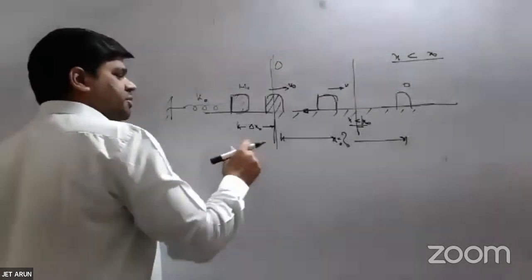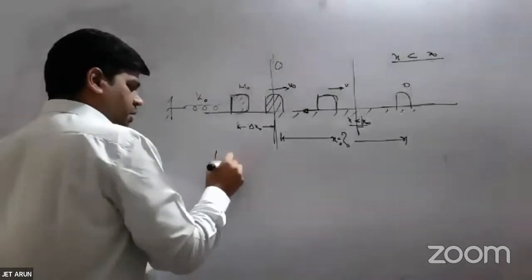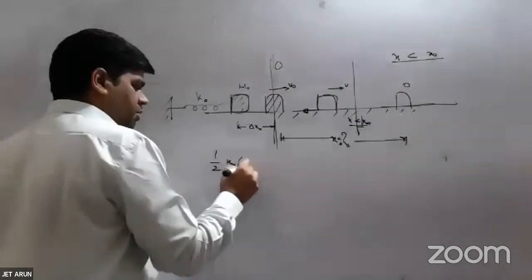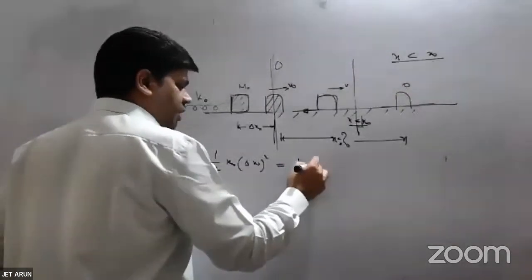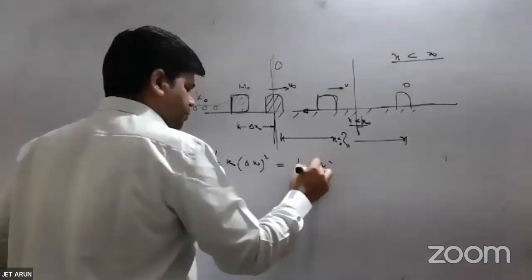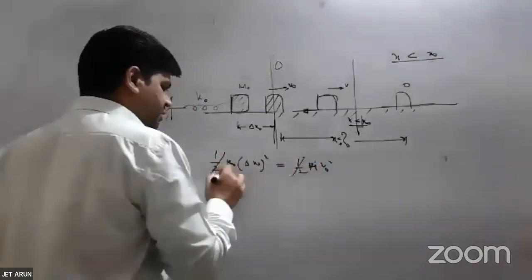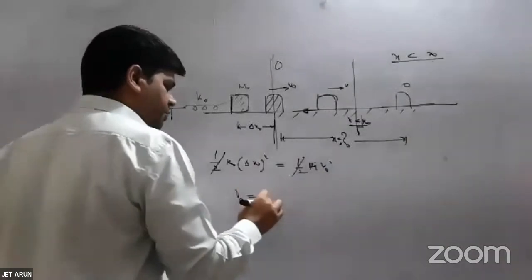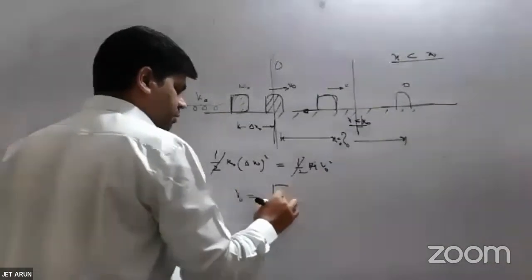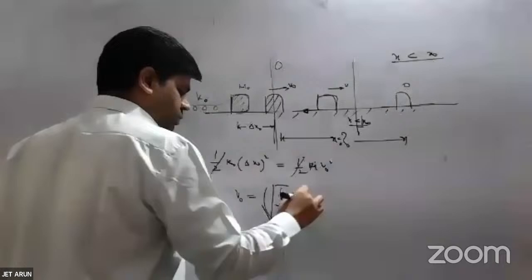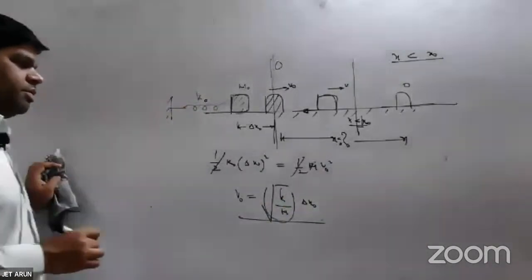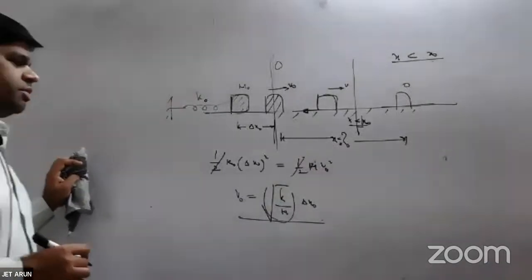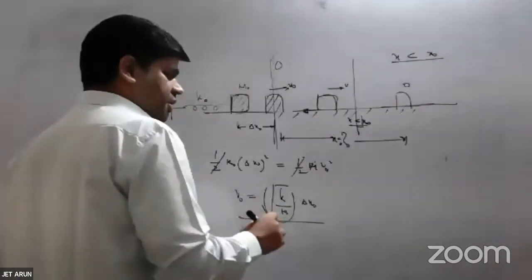Velocity at origin is how much? Half k delta x naught square is equal to half m v naught square. Half gets cancelled out. v naught is equal to root k by m into delta x naught. This is my velocity at origin. This is initial velocity.